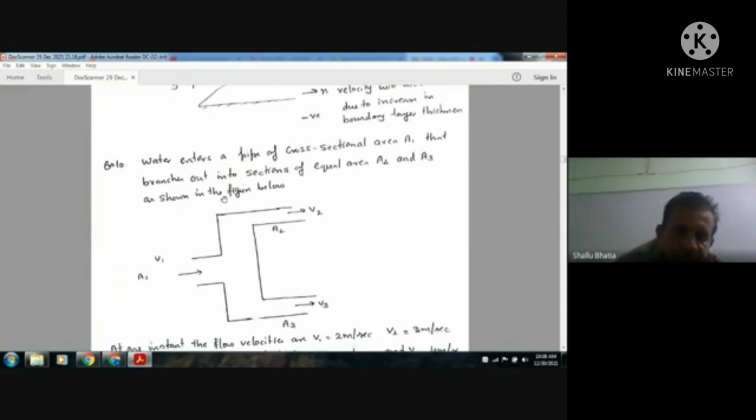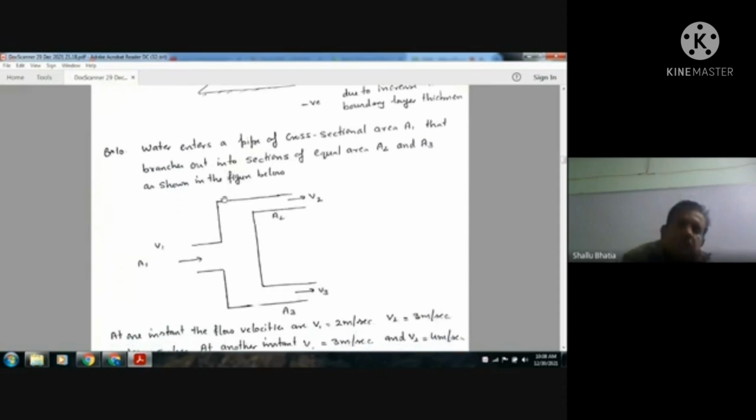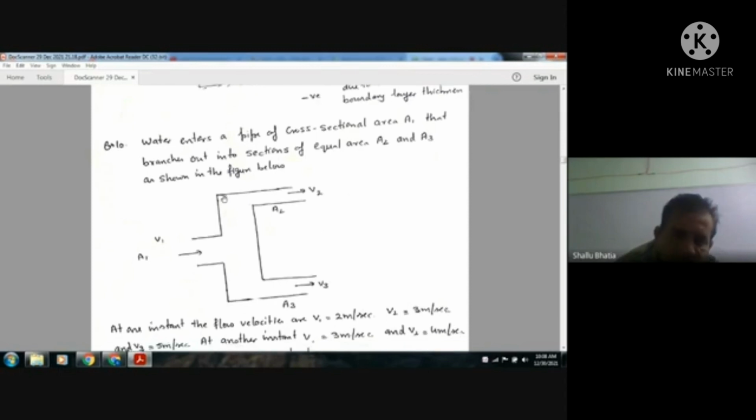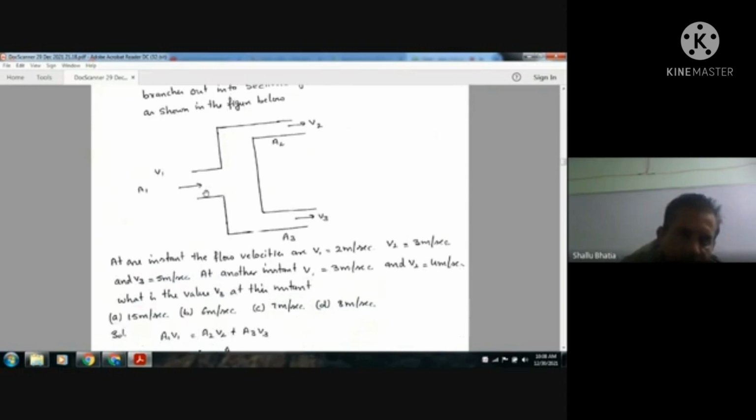Next, water enters a pipe of cross-section area A1 that branches out into sections of equal area A2 and A3, as shown in the figure below. So this is the water entering at velocity V1 with area A1 and leaving at velocity V2, area A2, and velocity V3, area A3.